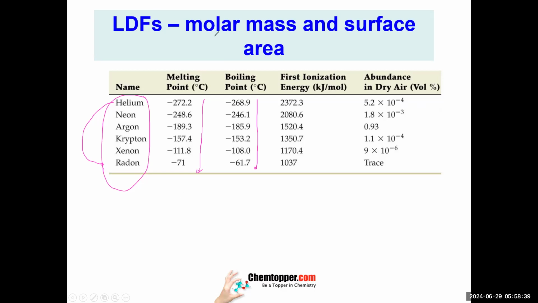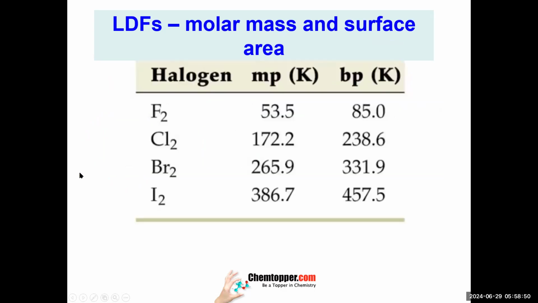And LDF depends on molar mass and surface area. And what is happening to molar mass and surface area? Is increasing, yes. Okay, good. These are very simple questions now. Okay, can you explain this that F2 is a gas, Cl2 is a gas, Br2 is liquid, I2 is solid. Explain why.